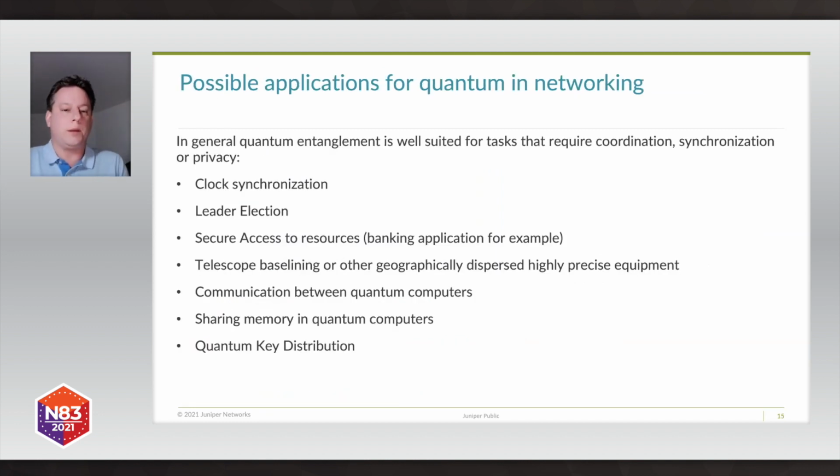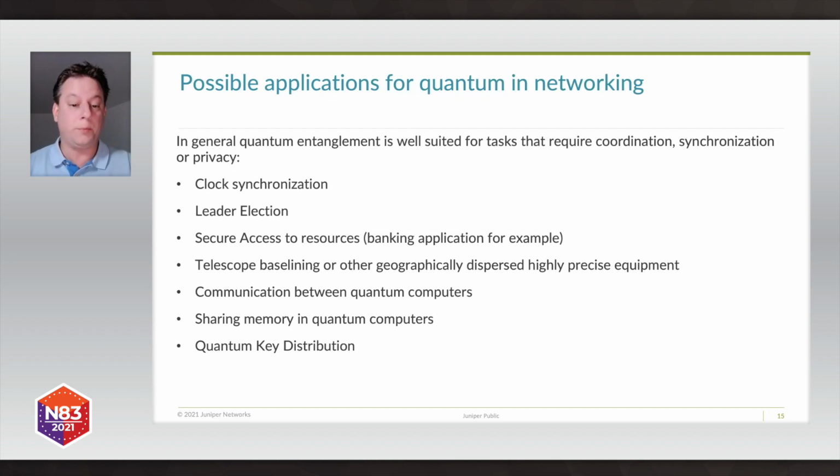So some possible applications for quantum in networking. Some of them I've mentioned already. A really good use case would be clock synchronization, for example. Secure access to resources based on key distribution, for example.